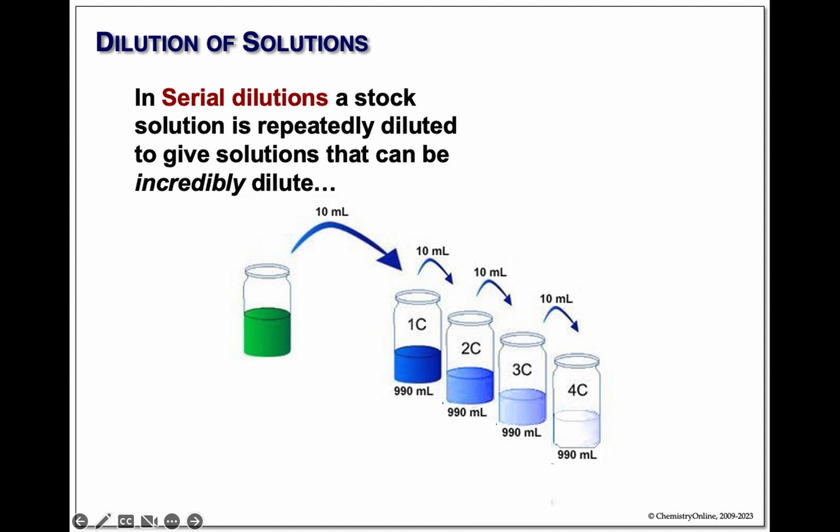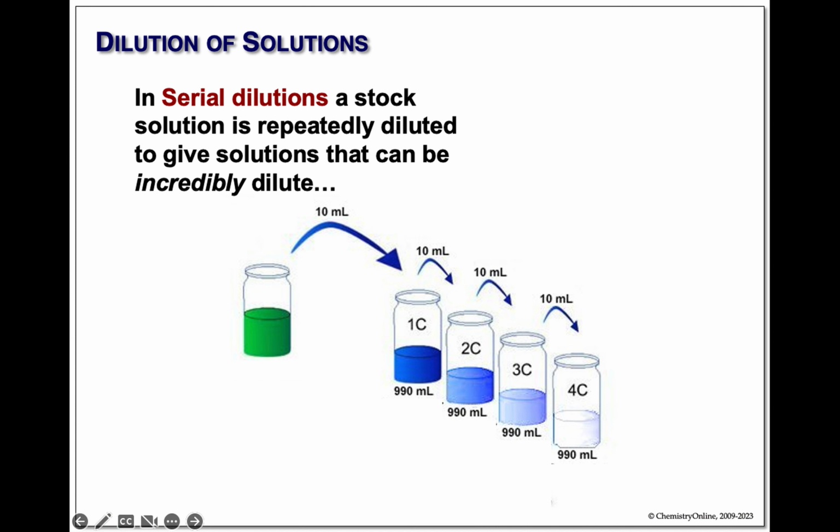What we do is we start off with a given solution, a liter of it. We will take 10 mLs out and add it to 990 mLs of water. When we do that, we have diluted this 100-fold. We then take 10 mLs of this, add it to 990 mLs.